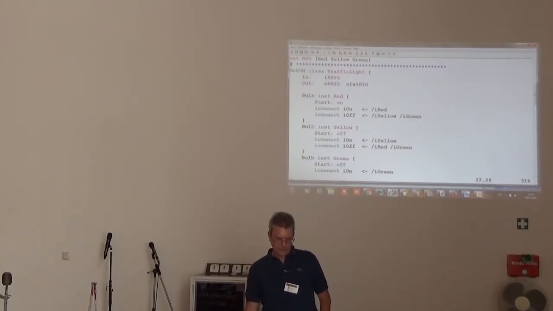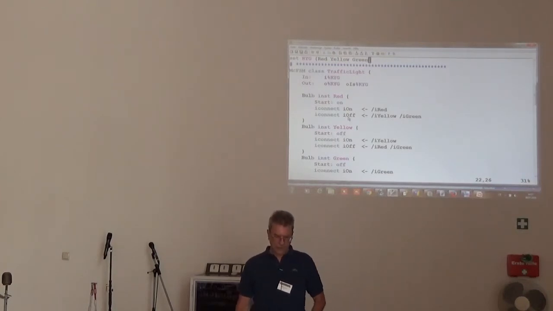Then I connect the input events. There's an I connect, and the one with the slash in front is the input event from the McFSM, from the traffic light where I reside. So we have here an I red, I yellow, I green input event, and these are connected with the local I on and I off events of the bulb.